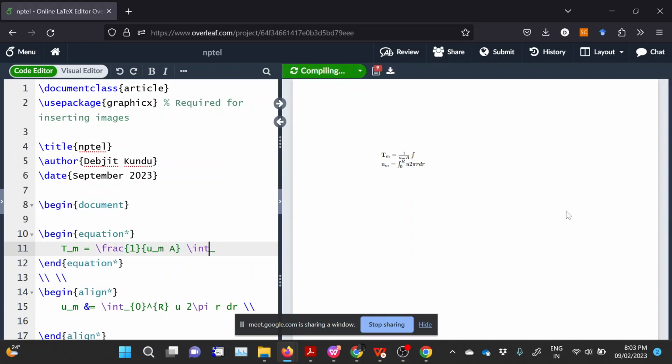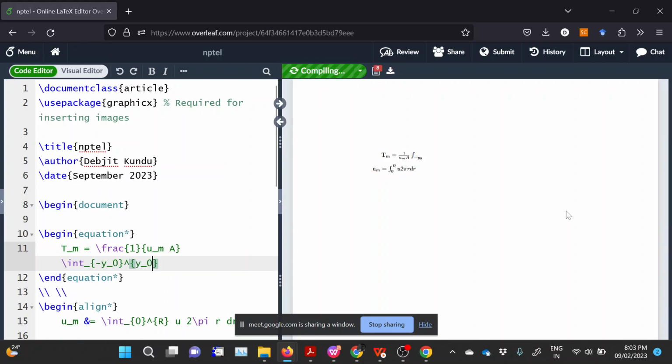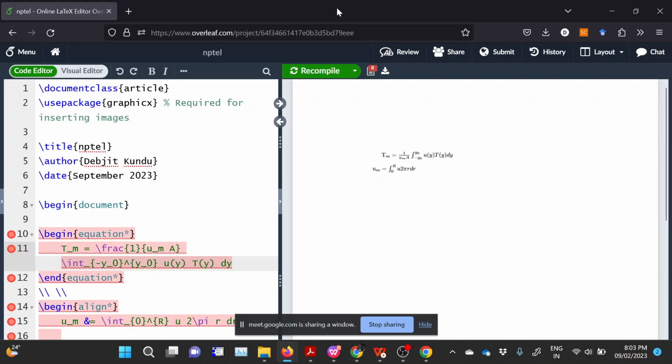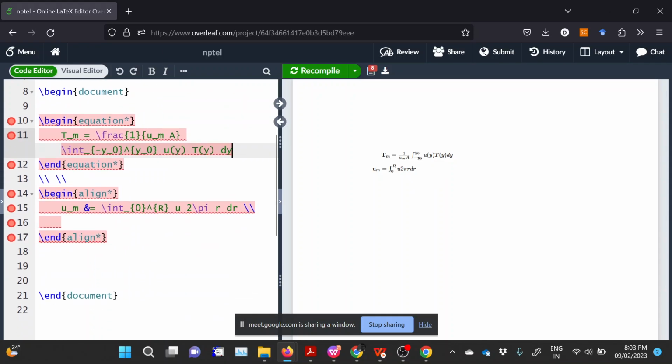It's a parallel plate channel, so our integration would also be from minus y naught to plus y naught into u(y) T(y) dy, right? So this first equation up top is what the equation of Tm is.